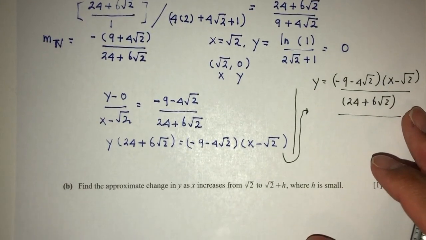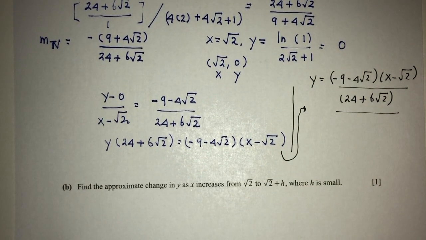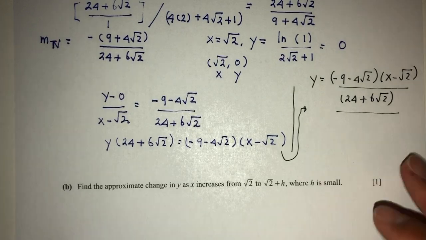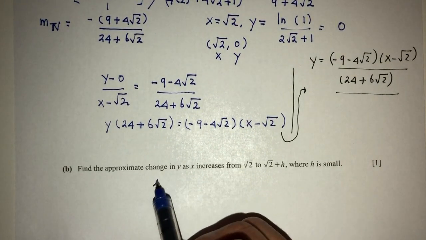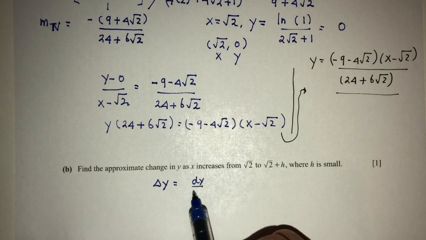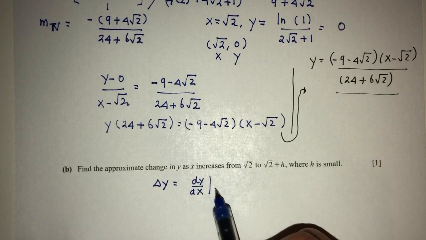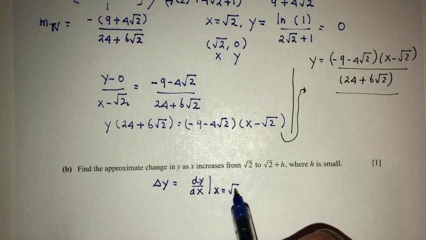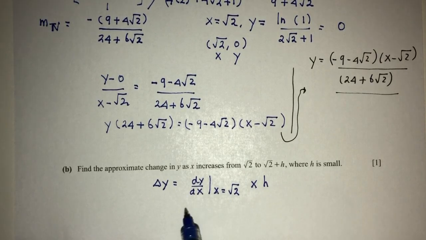Now for part B, find the approximate change in y as x increases from this to this. So pretty easy. The approximate change in y will be dy by dx at the value of x equal to root 2, multiplied by h.